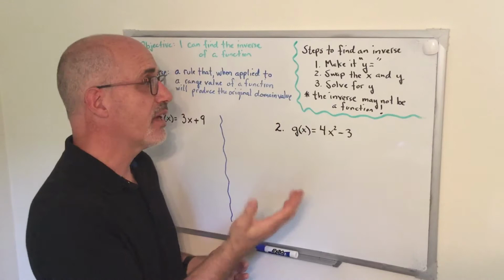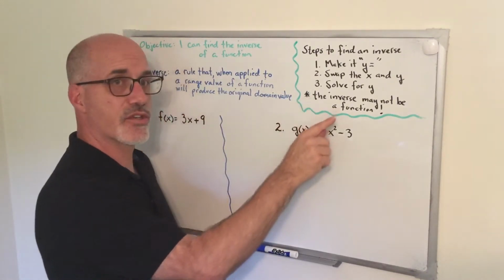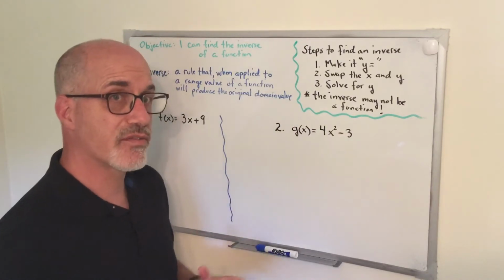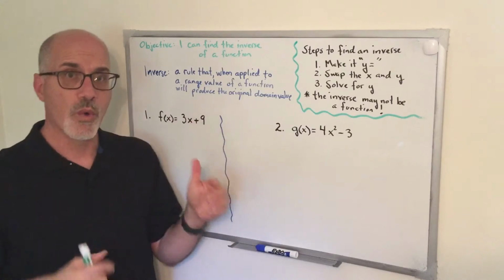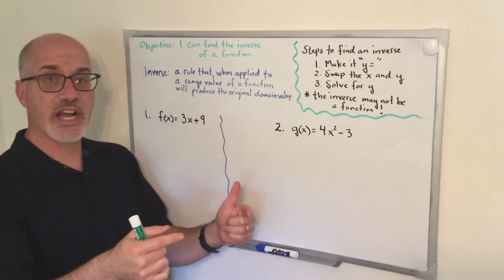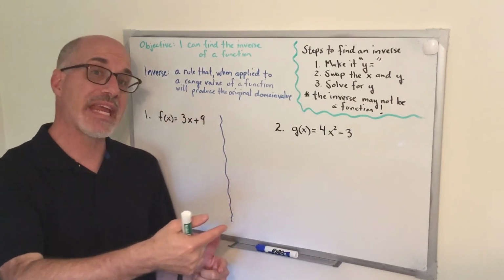get it by itself. You really have to know though that sometimes the inverse that we find might not be itself a function. The idea is that an inverse is a rule. When you apply it to the range value of a function, it will produce the original domain value.